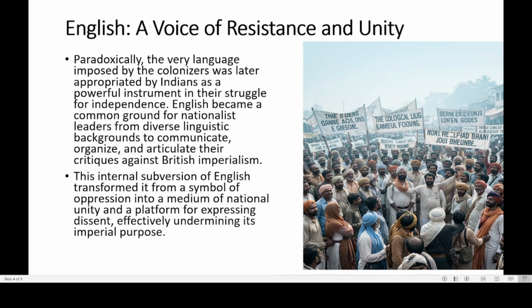And, dear students, this teaches us an interesting lesson in history. What is this lesson? The lesson is sometimes people take a tool given by power and transform it into a tool of resistance.